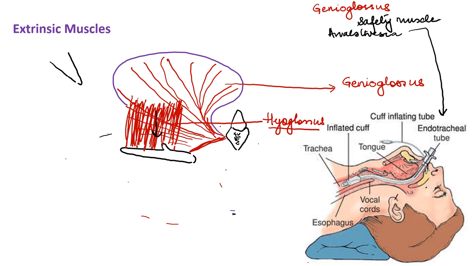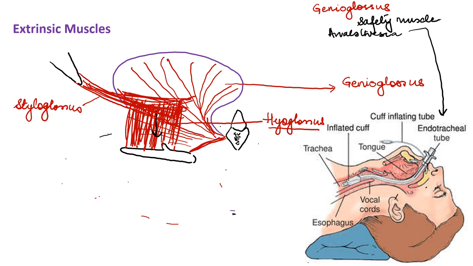Arising from the anterior surface and the tip of the styloid process, inserting by intermingling with the hypoglossus, is the next muscle, the styloglossus. It inserts by interlacing with the fibers of the hypoglossus and the inferior longitudinal muscle. It gets again inserted on the sides of the tongue.